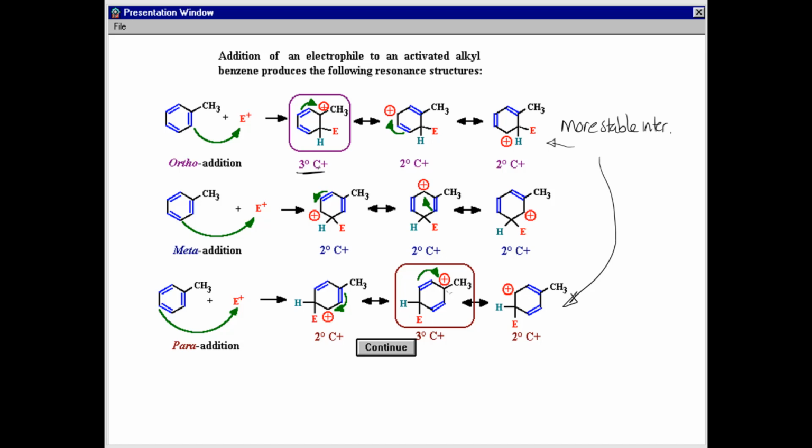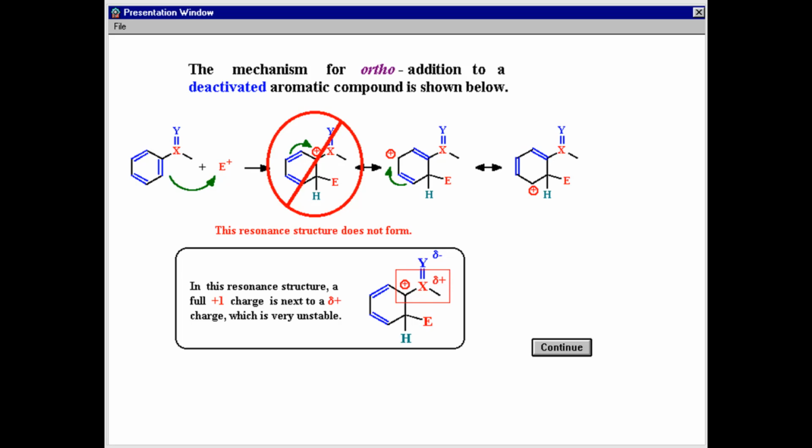All right, now what's the reasoning for a deactivated group? And again, I'm going to use my X double bond Y group where my X is slightly positive and my Y is slightly negative. What's the reasoning here that I get only the meta product? Well, as you saw from the last case, when I add the electrophile to the ortho position, the plus charge ends up next to the substituent.